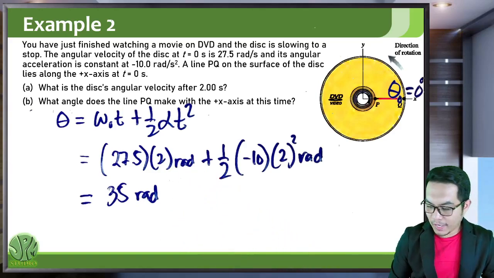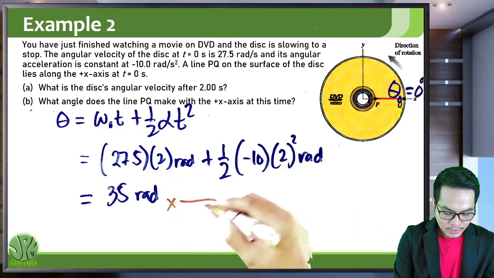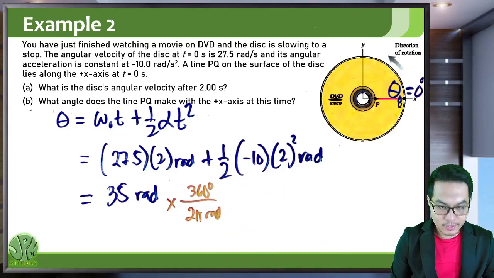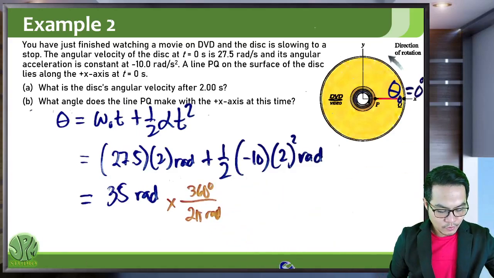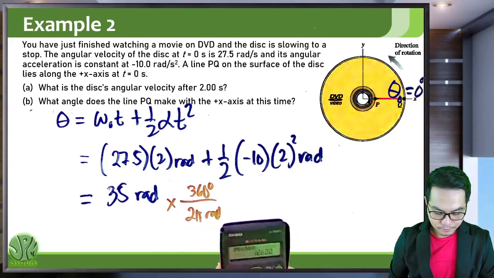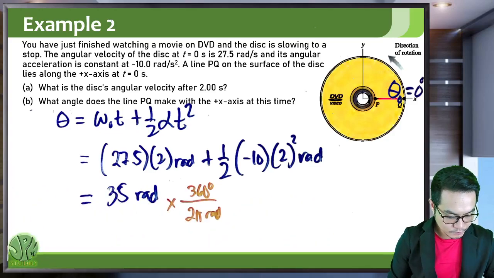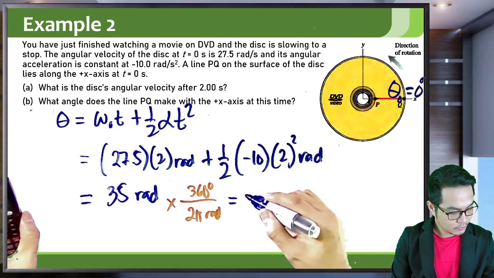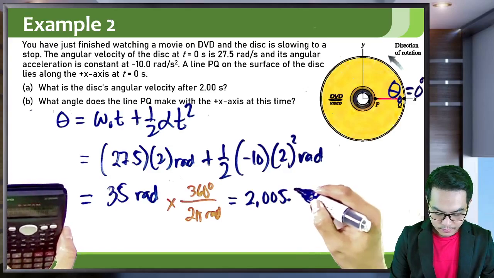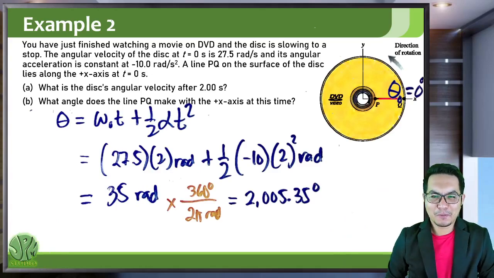You need to multiply by the conversion factor from radians to degrees, which is just 2 pi radians is equivalent to 360 degrees. So if you multiply 35 by 360 divided by 2 pi, you will get 2005.35 degrees. Now, what does this mean?